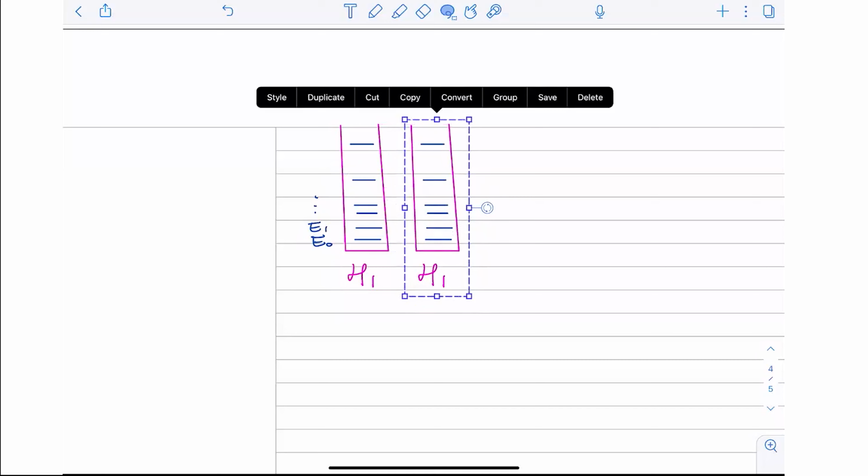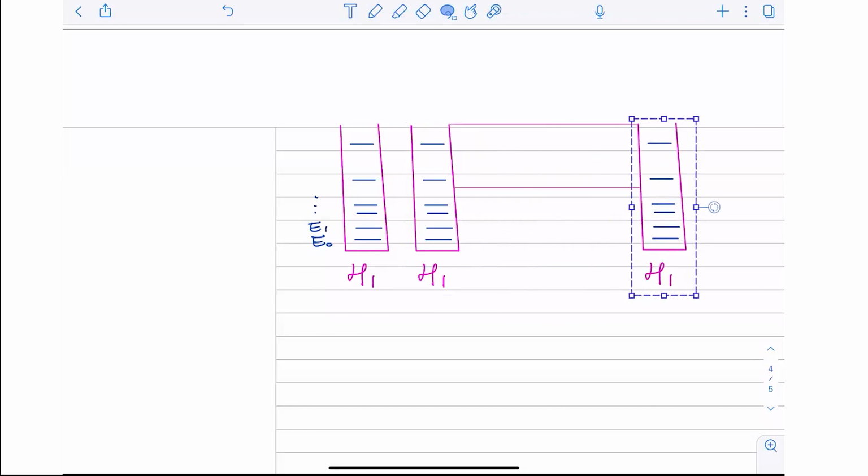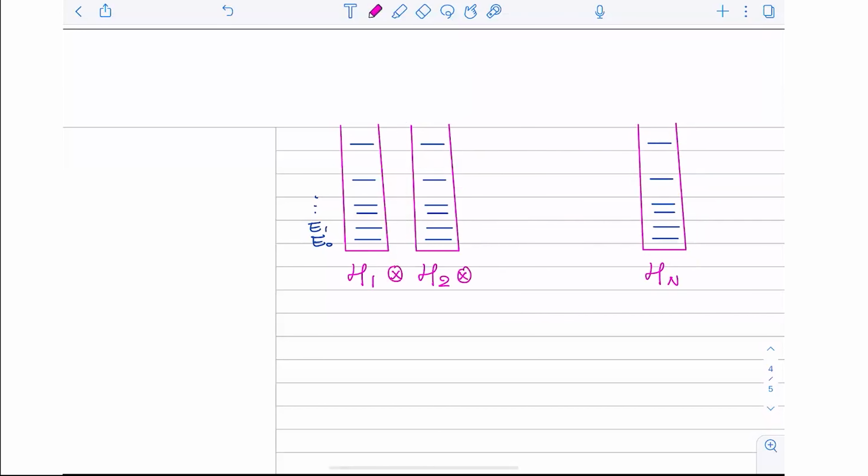Somehow I drew it a little bit tilted, but please ignore that. And we have n particles, so the Hilbert space should be labeled by particle 1 to n, and the Hilbert space is formed by the tensor products of those individual particles.